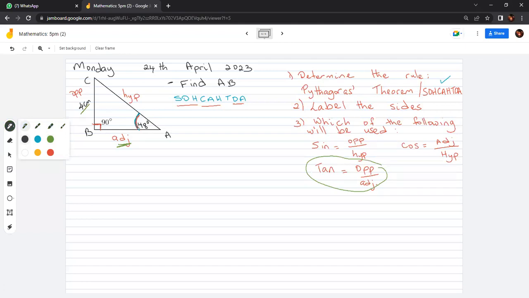Now, anytime you're using this formula, it's always tan of the angle. This symbol is theta, and it represents an unknown angle. You know how with algebra we use x to represent an unknown letter? This represents an unknown angle. So it's always tan of whatever is the angle, and tan is opposite over adjacent.